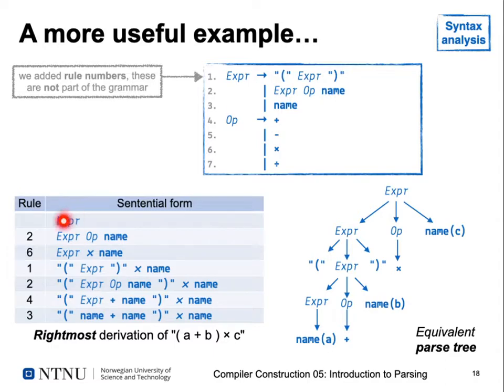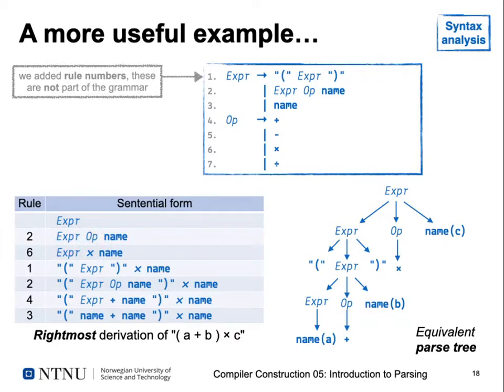So let's start with our start symbol. Here we have the convention that our first non-terminal symbol is our start symbol. So we start with expression, and then we use rule 2 and derive the sentential form expression operator name. Name is a terminal symbol, and then we have to go through our grammar recursively for both newly introduced non-terminal symbols, expression and operator.